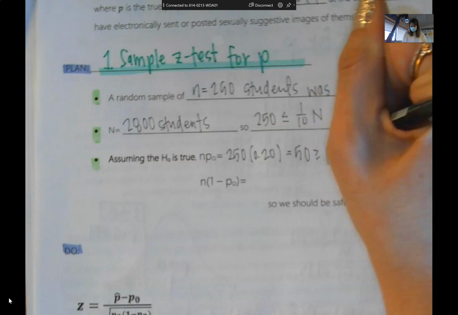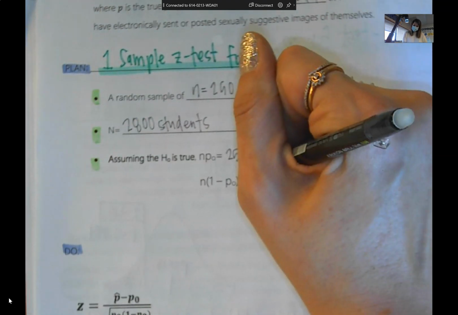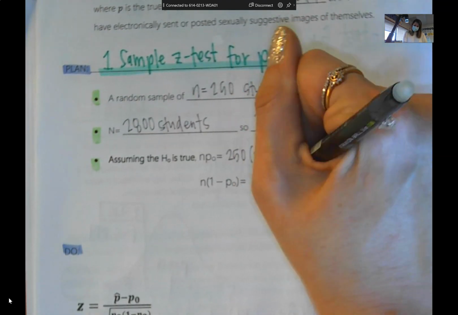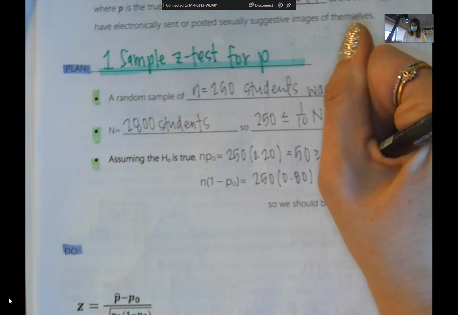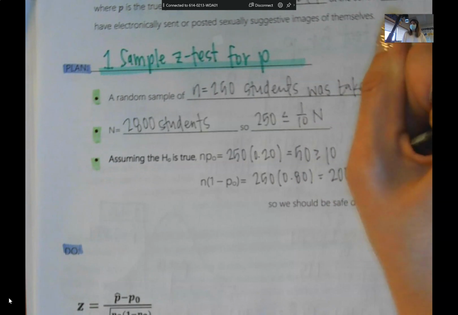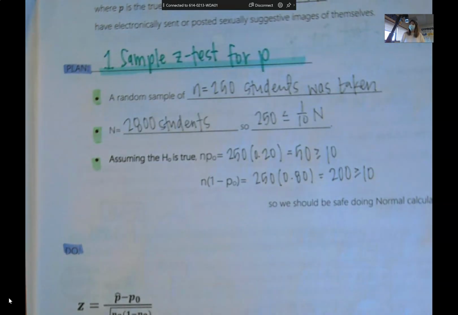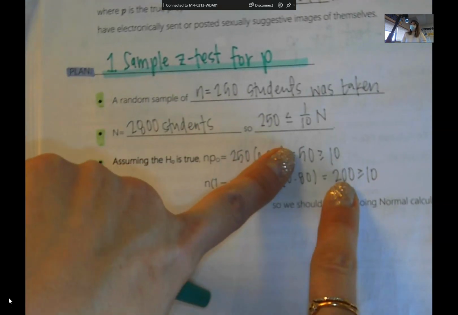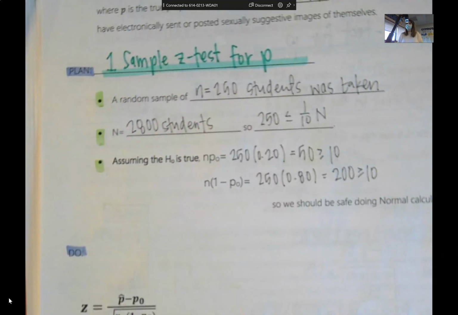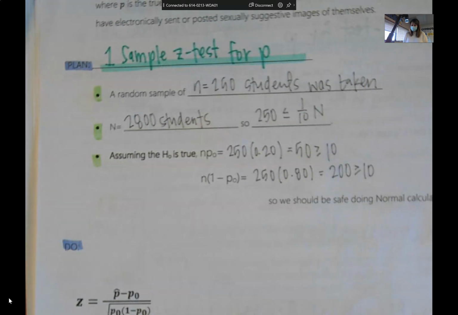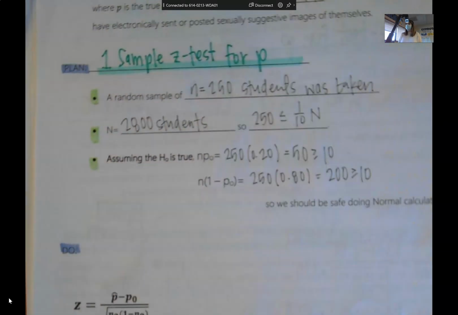Is that true? Which means that this one is 200. Have you guys noticed that these two numbers always add to the sample size? 50 and 200 is 250. So we're good to use our Z table.